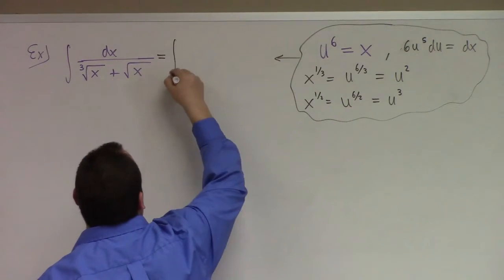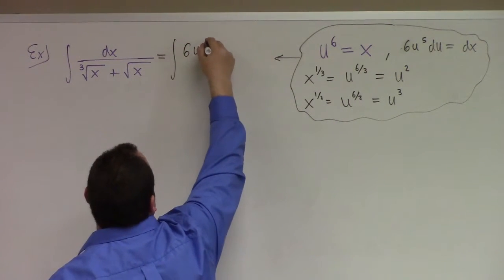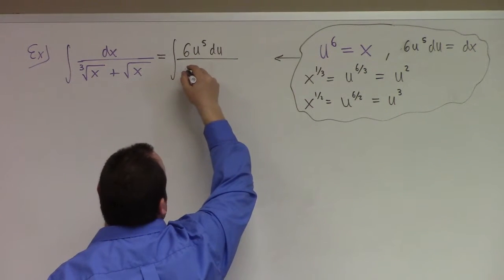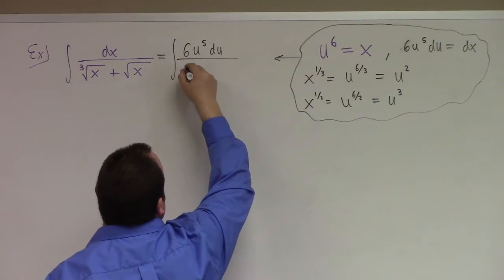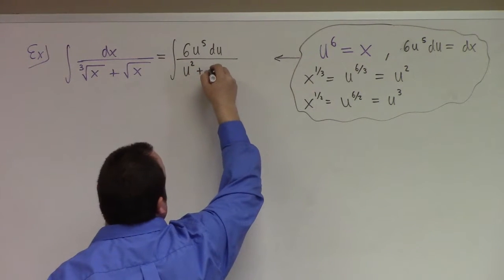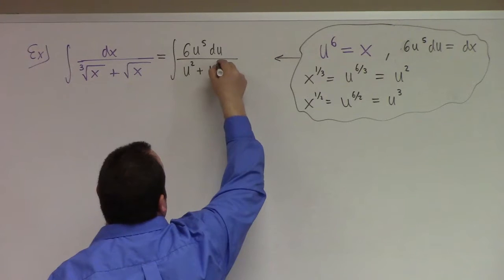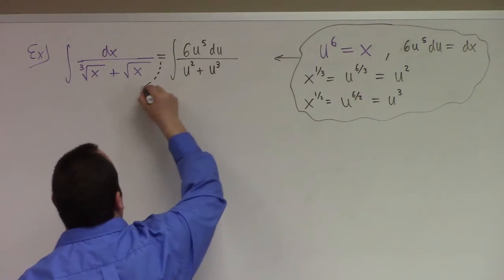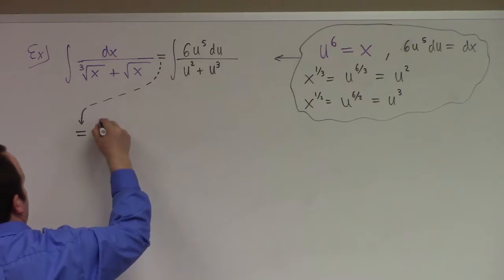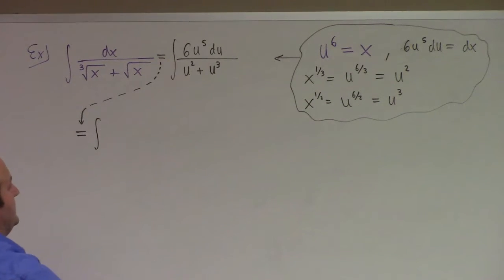What we got? We got the integral of 6u to the 5th du over u squared plus u cubed. So can you guys help me simplify that before we do anything much more?